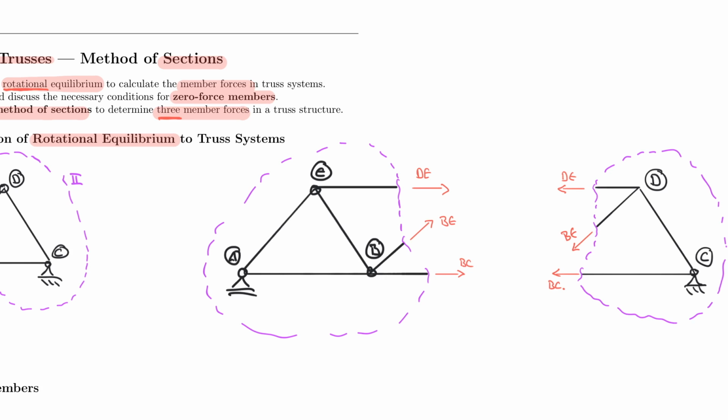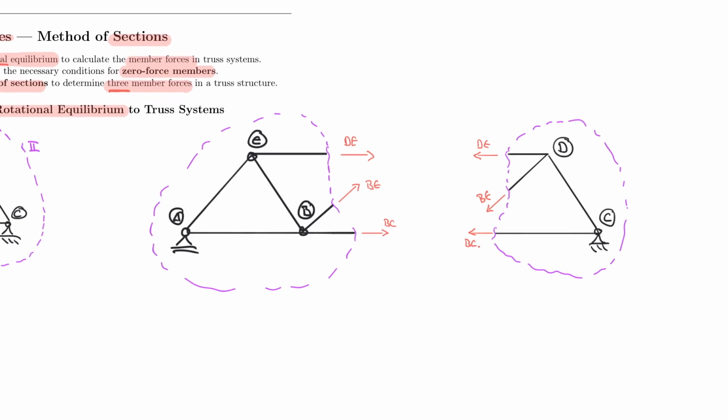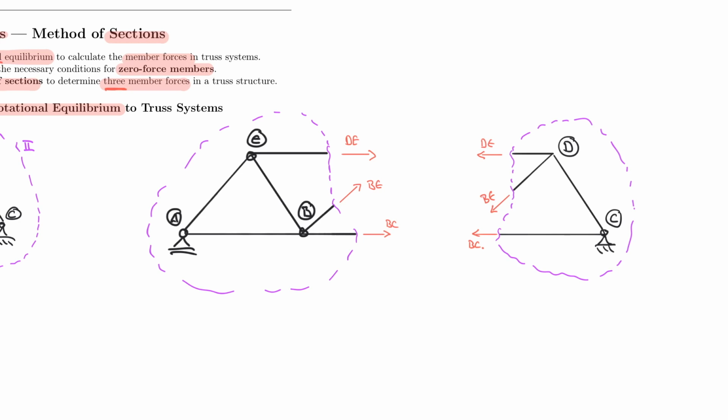To do that, we can try our regular trick: the sum of the forces in X is equal to 0. If I do that for the left cut, then I have plus DE minus BC, or also plus BC in this case. So I have 2 unknowns.